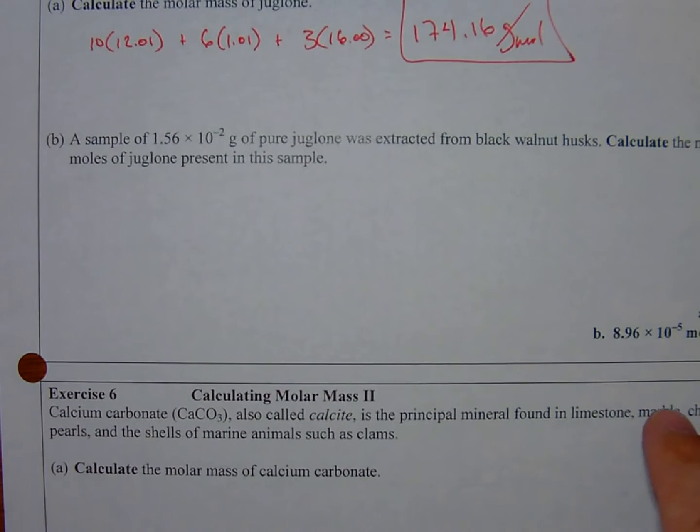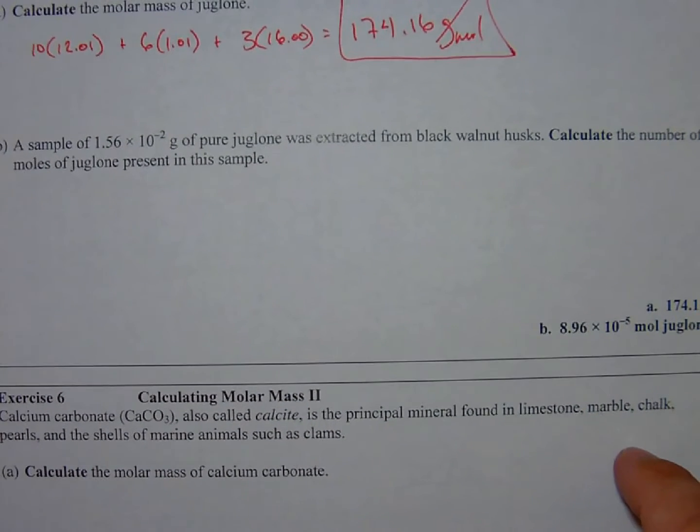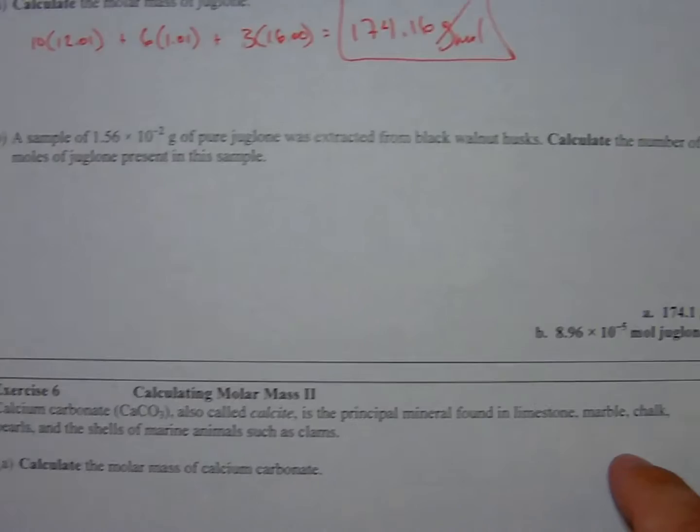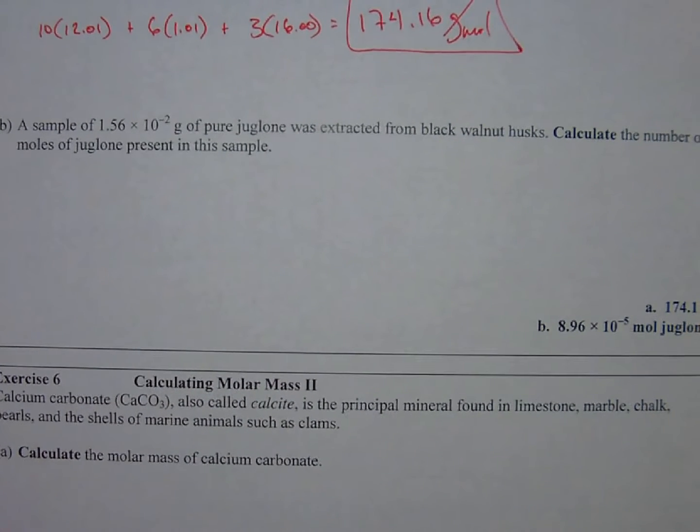B, a sample of 1.56 times 10 to the negative second grams of pure juglone was extracted from black walnut husks. Calculate the number of moles of juglone present in this sample.